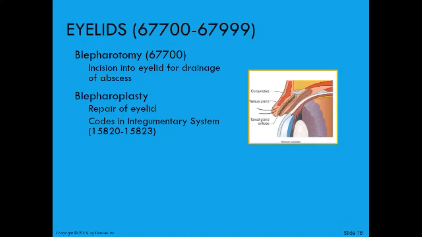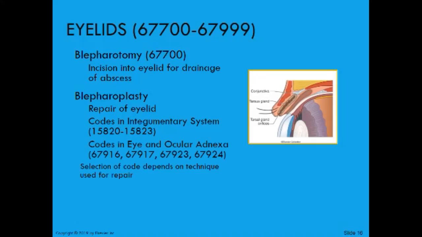Codes are in the integumentary system, 15820 through 15823. Codes in the eye and ocular adnexa are 67916, 67917, 67923, and 67924. The selection of code depends on the technique used for the repair.